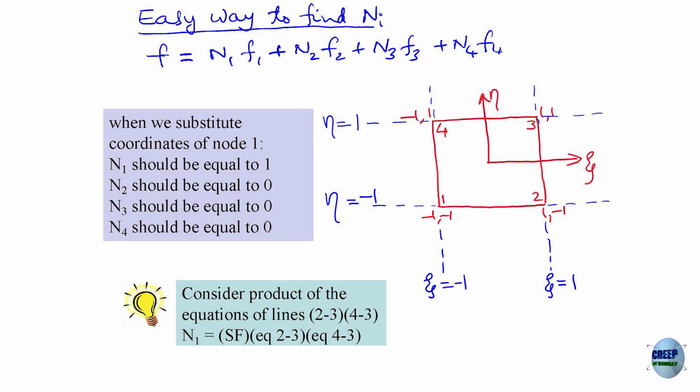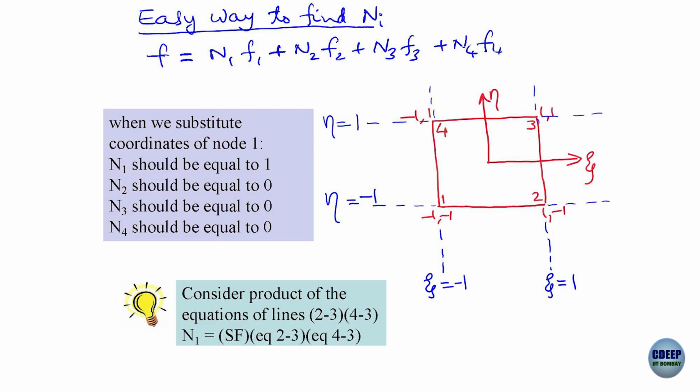Based on that, we were able to say you could look at the equations of the lines that intersect at the node, and the equations of those lines which are not containing this node. It gives you a way to look at the equations that are satisfied by the nodal points.